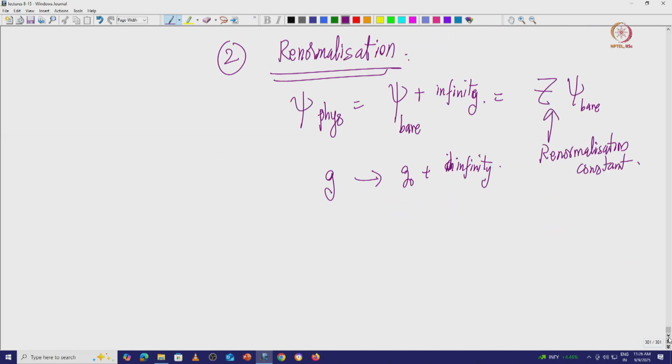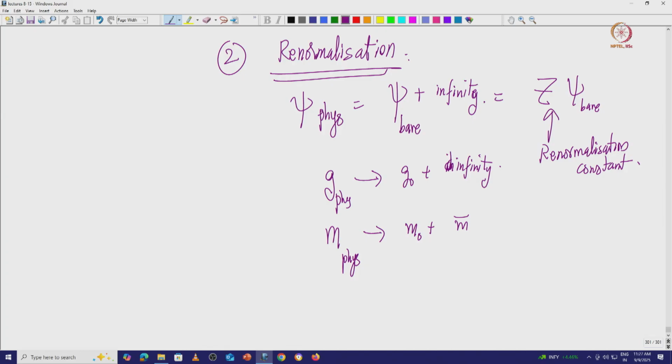Masses too: this is the physical mass times the infinity, which we can call m bar or something, which contains the infinity. So all the parameters of the theory absorb these infinities order by order, the so-called bare quantities.